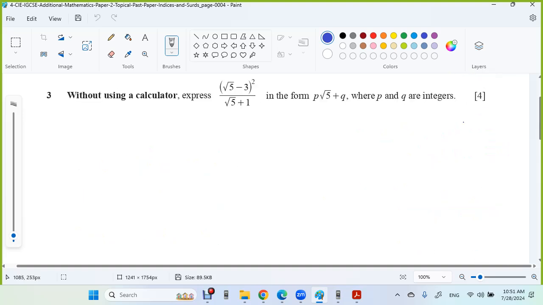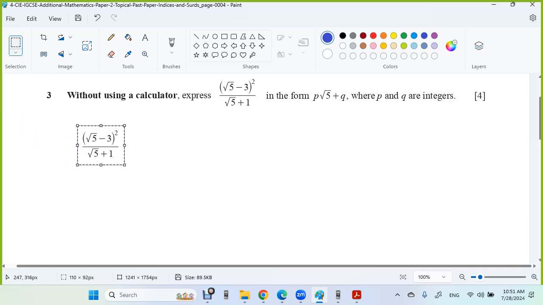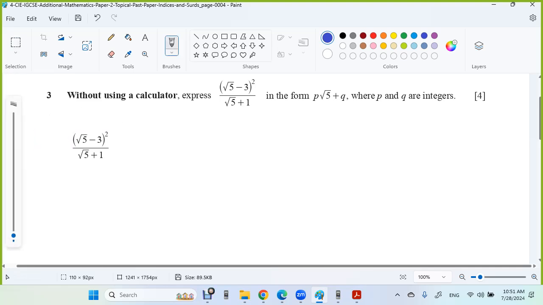Then question number 3, express this one in the form of p square root 5 plus q without using calculator. So this is the 5, wait, I will do it at the other place.